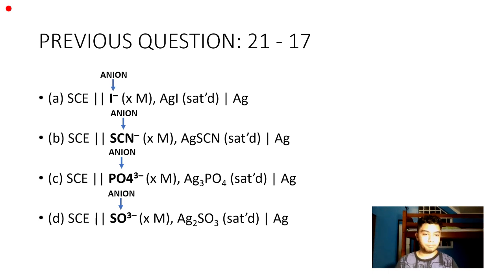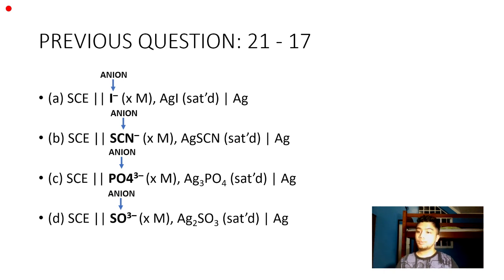So for the four shorthand notations, we get the I negative, which is the anion, and the SCN negative. Every substance with a negative on its superscript becomes the anion. So let's move on.